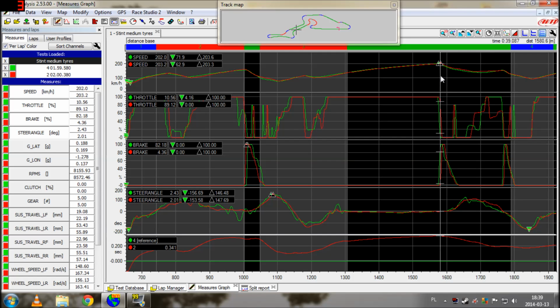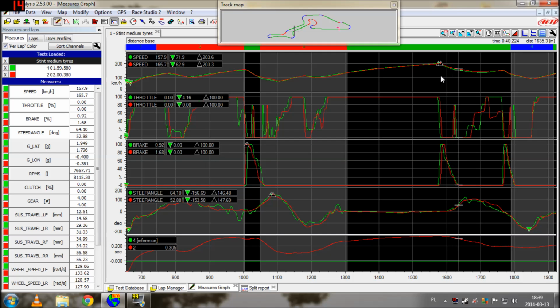I'm on the full brake roughly the same amount of time on both laps. But why does the gap go down? Let's see why. Because I started braking earlier, I carried less speed on the green lap, which is confirmed by the graph here: 65, 57, so 8 kilometers per hour difference on the slow lap. So the gap goes slightly down.